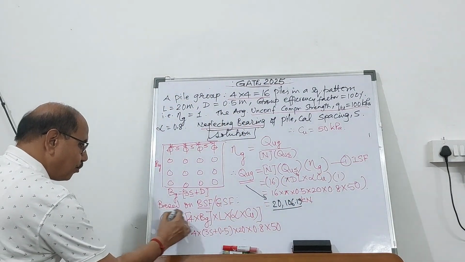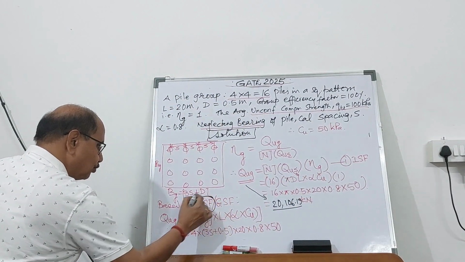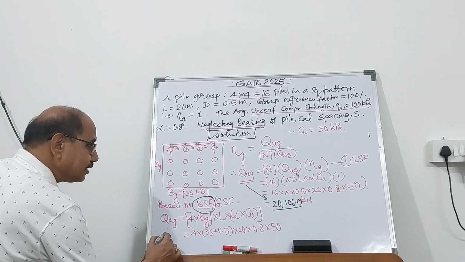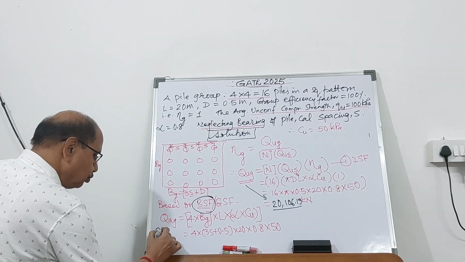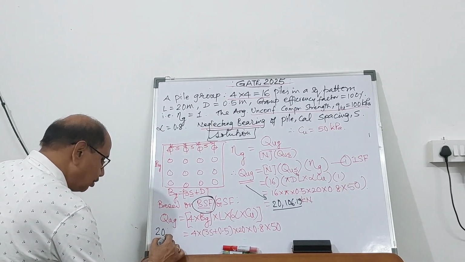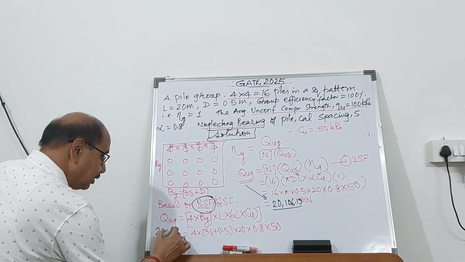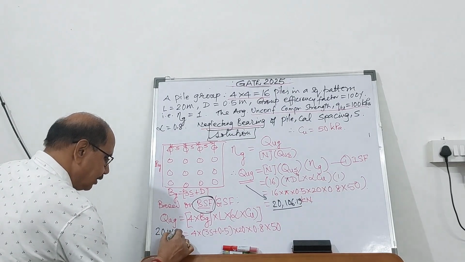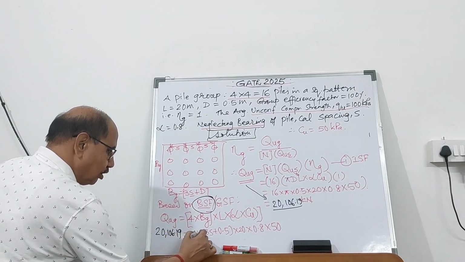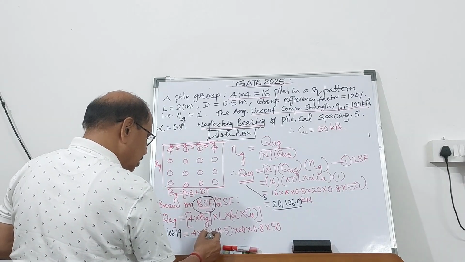So for block shear failure or group shear failure, here I can substitute QUG as 20,106.19 equal to 4 times BG.